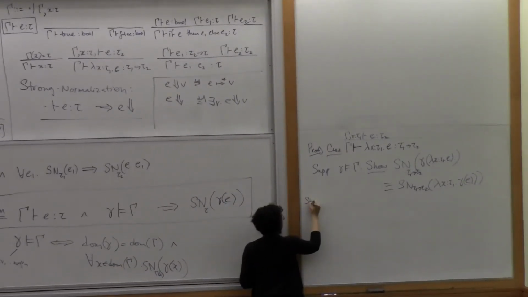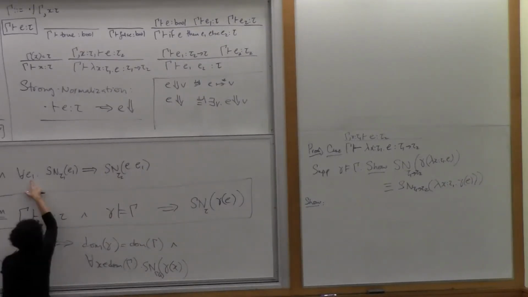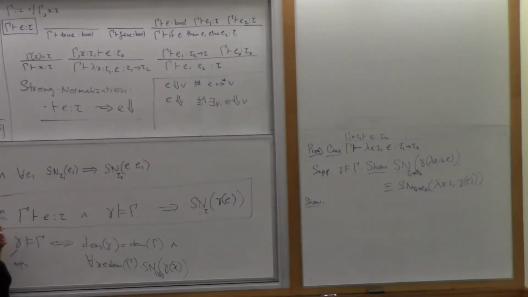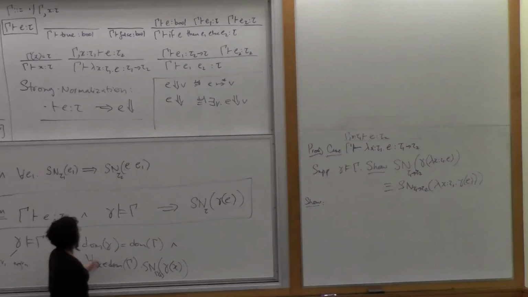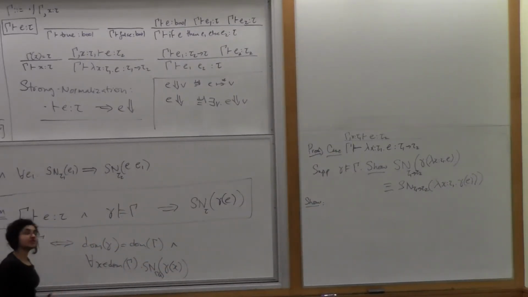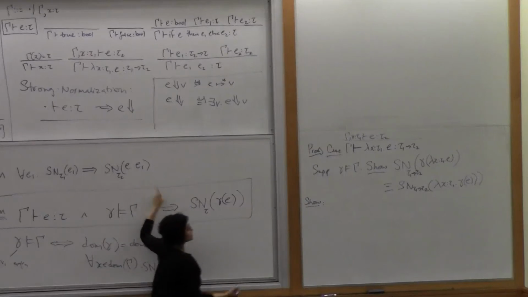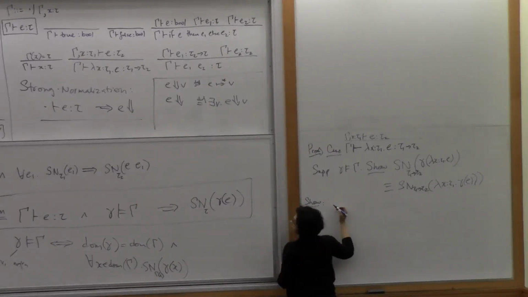So now what we have left to show is that given an arbitrary E1 that is strongly normalizing at type tau 1, we need to show that if we apply our lambda to that E1, we get an expression that is strongly normalizing at type tau 2. That's what this says we have to show. All right? So let's consider an arbitrary E1.